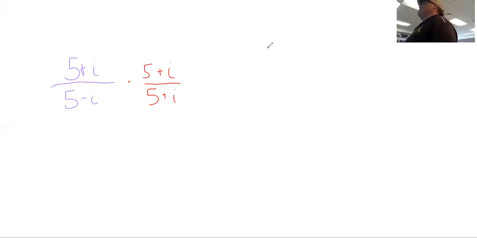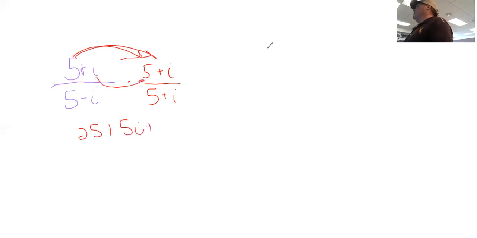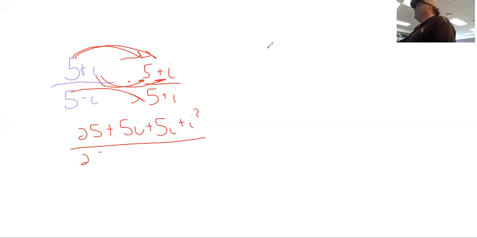Well, now I have to double distribute on both. 25 plus 5i plus 5i plus i squared, all over 25 plus 5i minus 5i minus i squared.